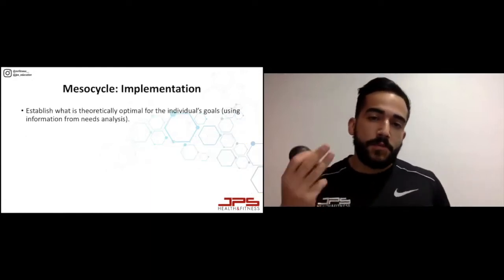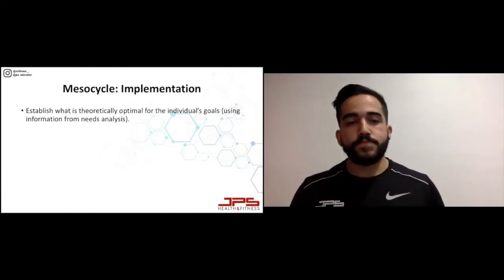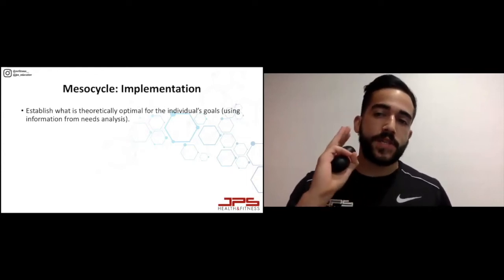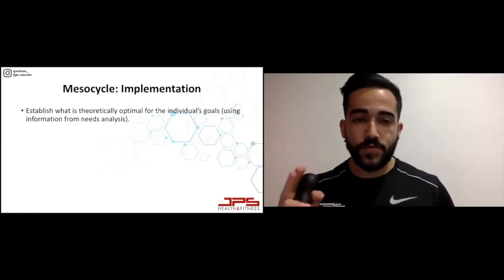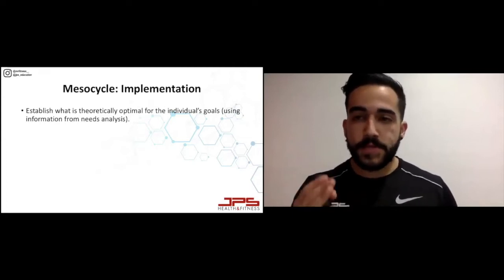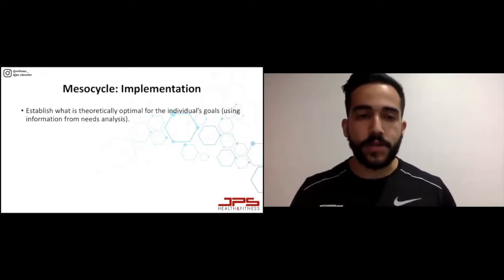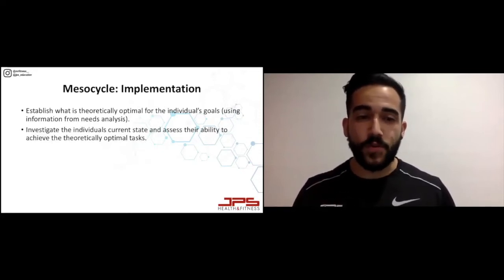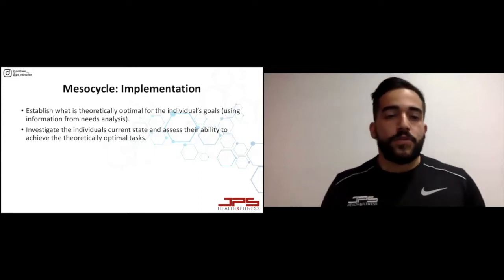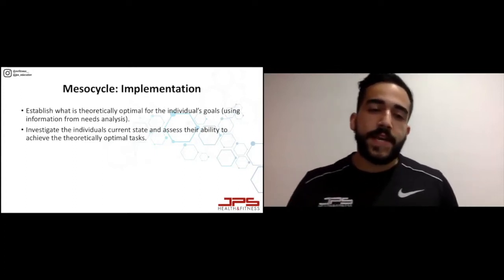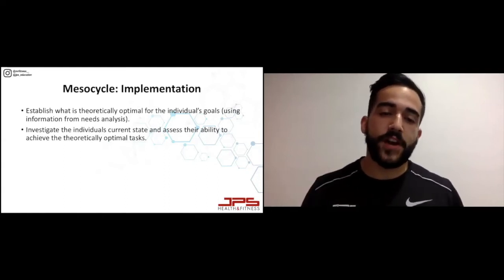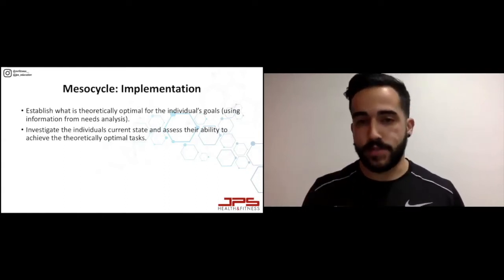Now, when it comes to implementing the mesocycle, this comes back to what I said earlier. We need to establish what is theoretically optimal for the individual's goals and balance that out with what is practically optimal. What can the client practically achieve? What are they capable of doing? So what we need to do is investigate the individual's current state and assess their ability to achieve the theoretically optimal tasks.